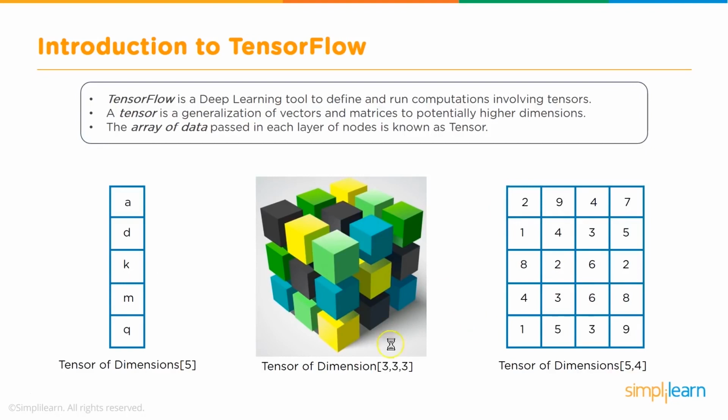Beyond that, sometimes it gets difficult. So this is a three-dimensional array, but TensorFlow can handle many more dimensions. That's really the strength of TensorFlow, which makes deep learning computation much faster, which really is the reason TensorFlow is used for developing deep learning applications.